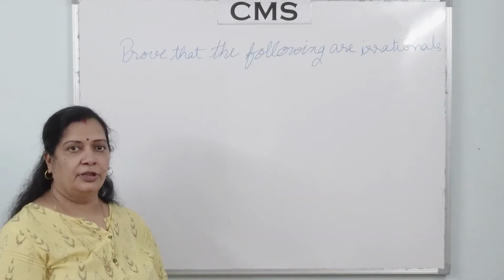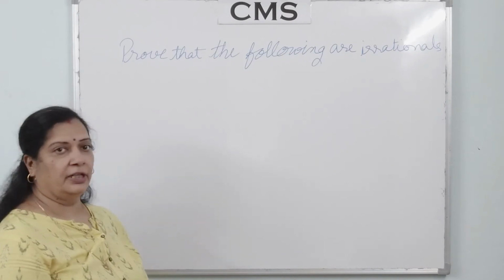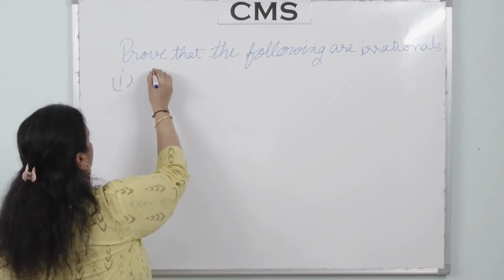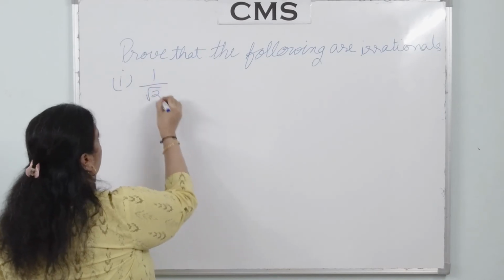The third question is: prove that the following are irrational. The first part is 1 upon root 2.